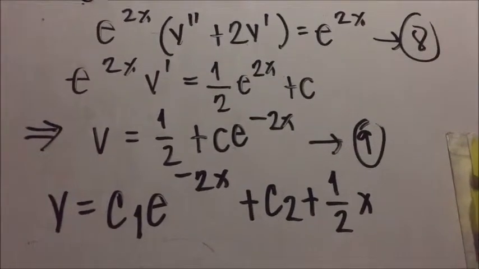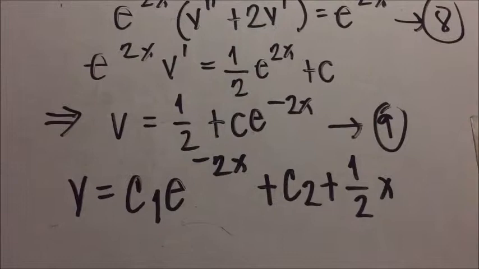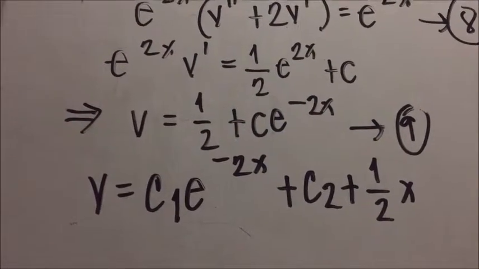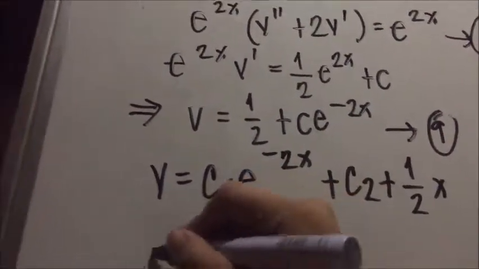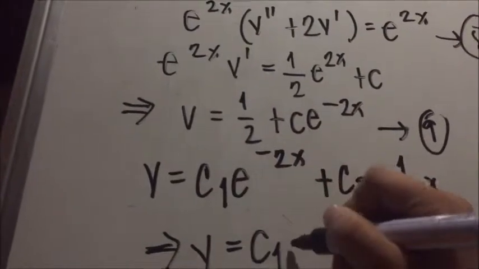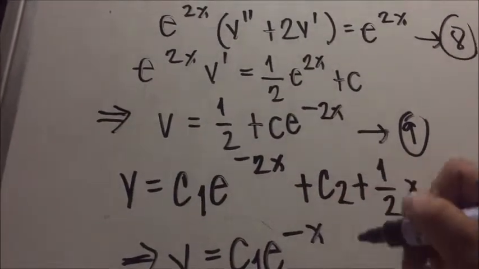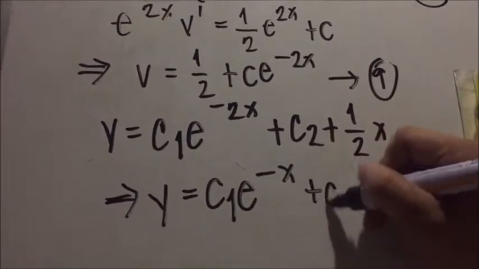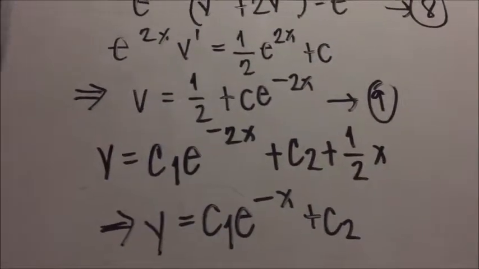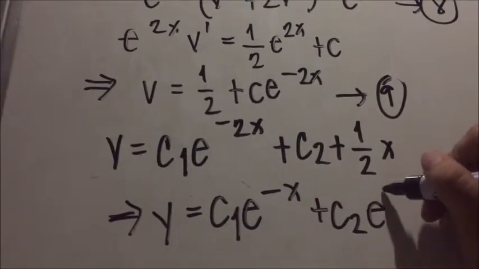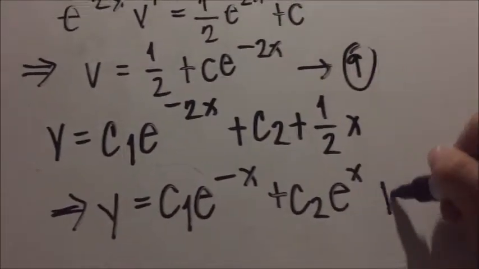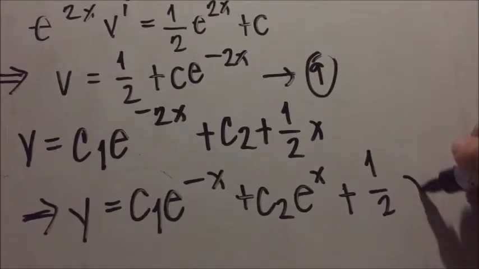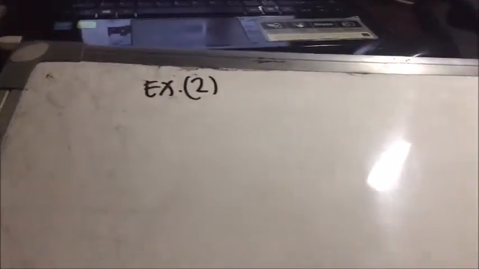Remembering that y is equal to v e raised to x, we finally have y is equal to c1 e raised to negative x plus c2 e raised to positive x plus 1/2 x e^x.